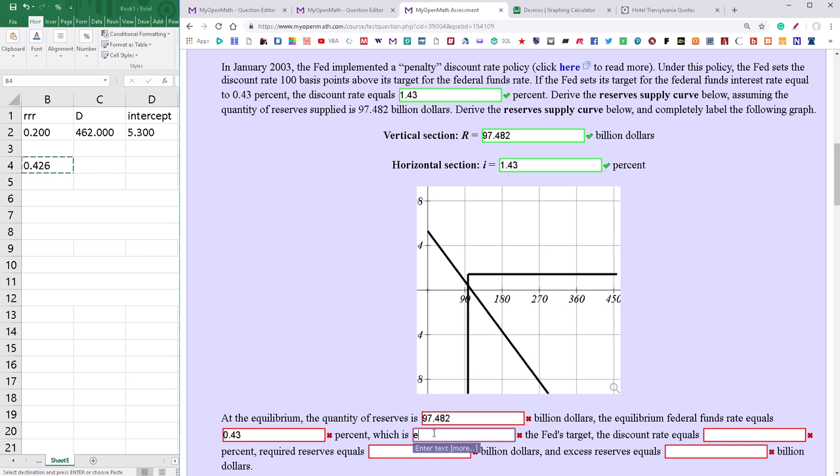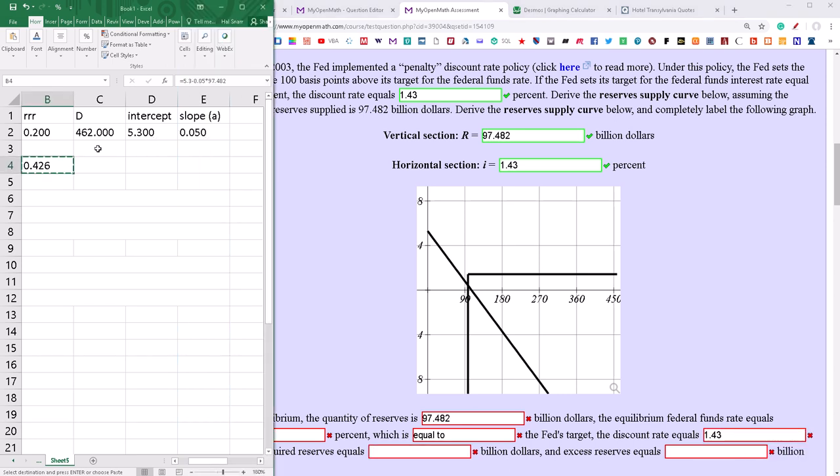So we'll go with equal to. The discount rate is 1.43. Required reserves is found by multiplying demand deposits by the reserve requirement ratio, so required reserves is 92.4.